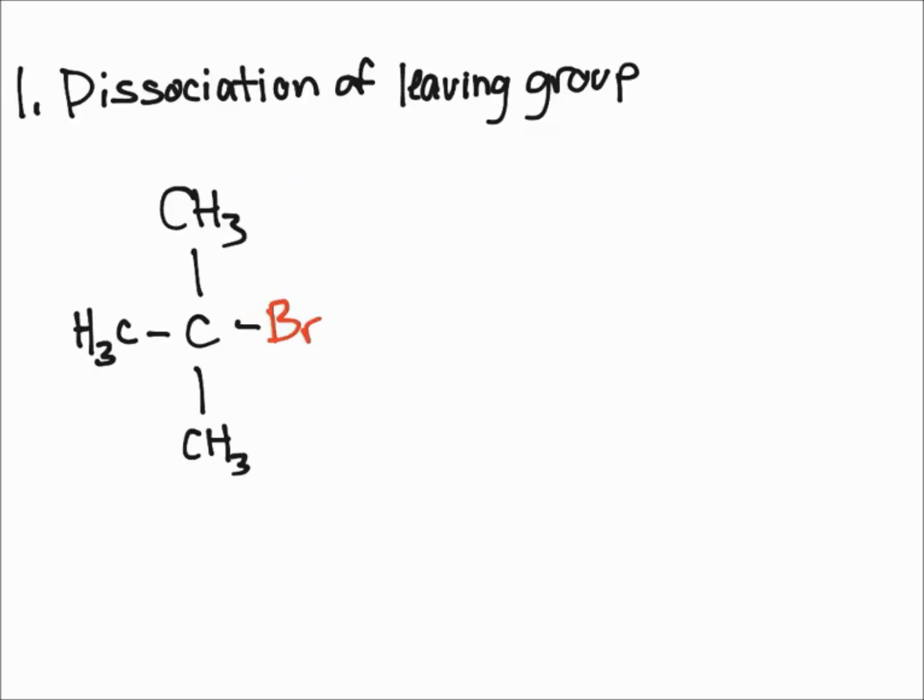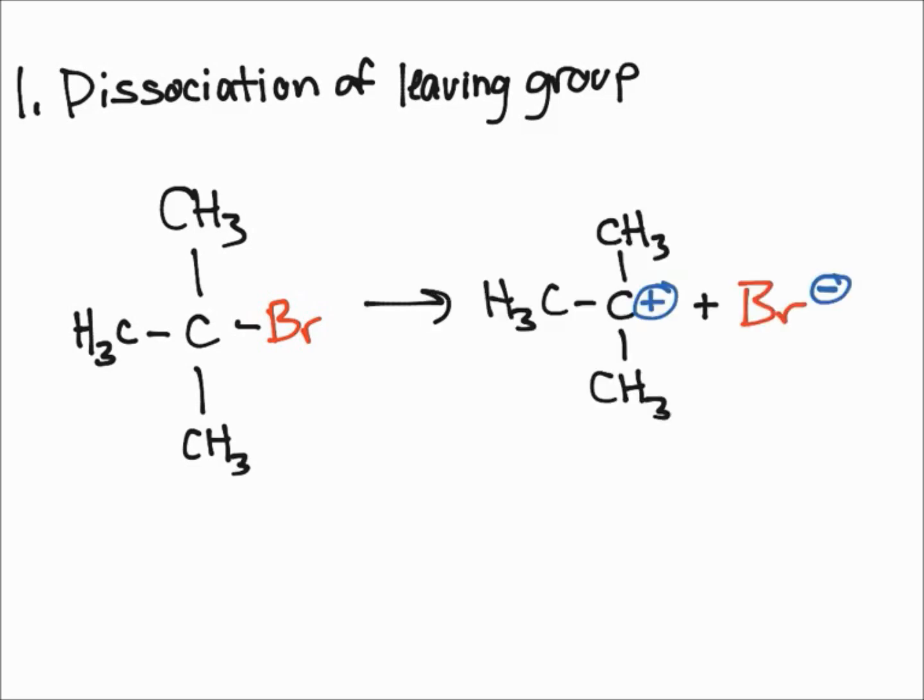So the first step in an Sn1 mechanism is that the leaving group is going to dissociate. So this molecule is going to turn into two different things. Essentially it just splits up. The carbon becomes positive and becomes a carbocation, while the bromine gains a negative charge and becomes a bromine anion.